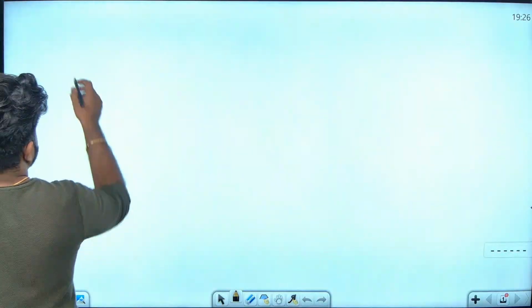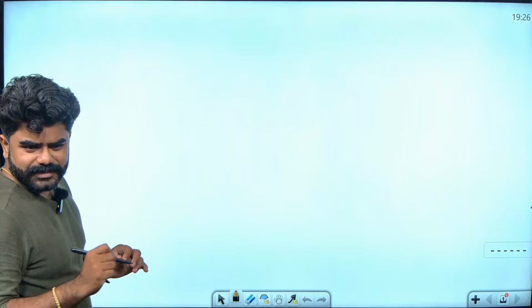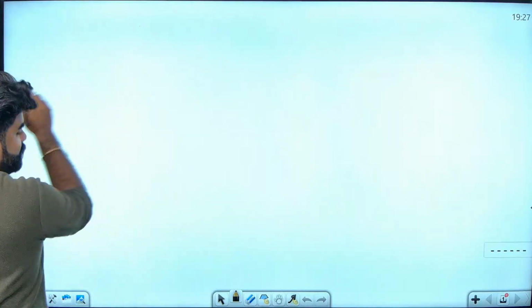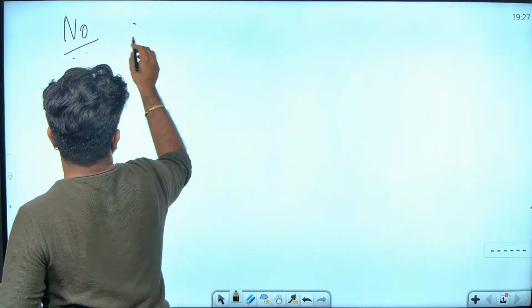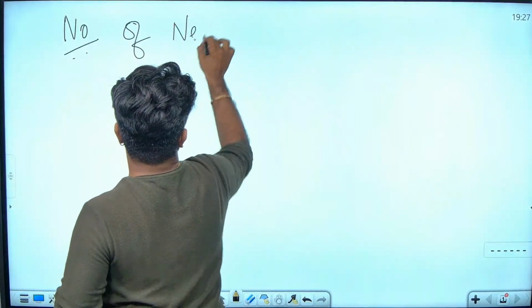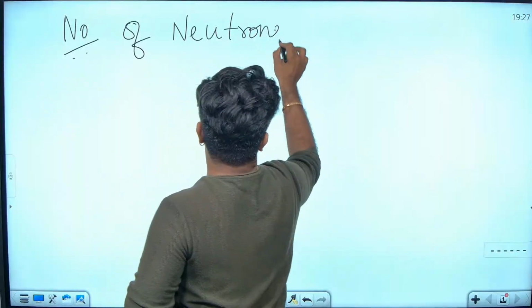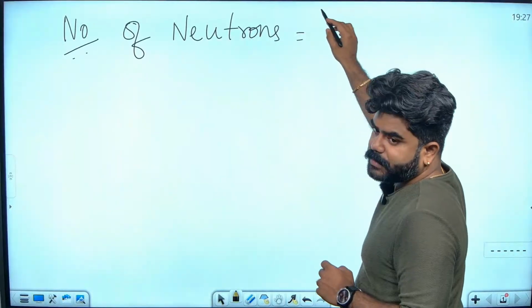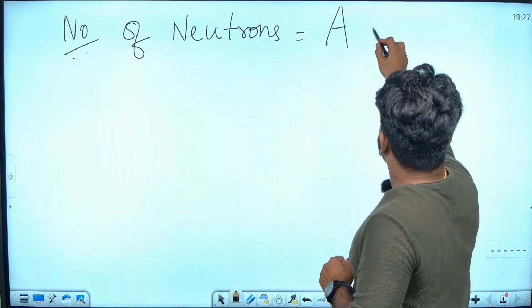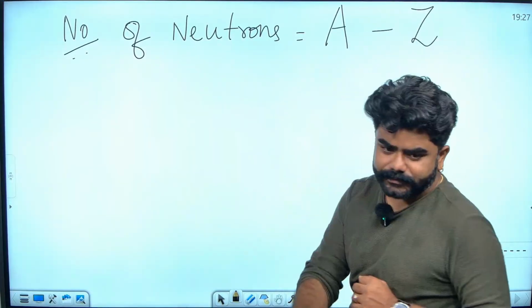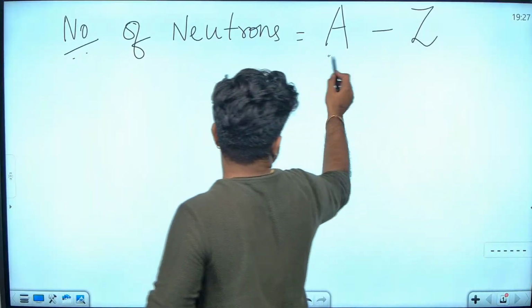So the number of neutrons can be found by mass number, indicated as A, minus atomic number, that is Z. Mass number minus atomic number.